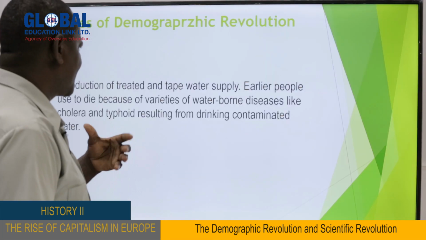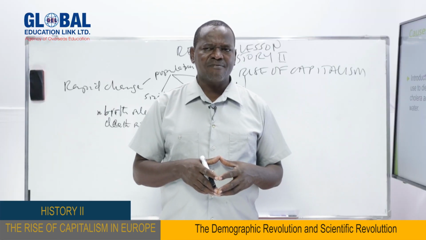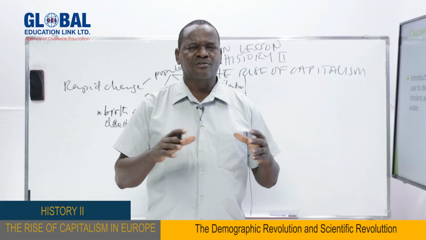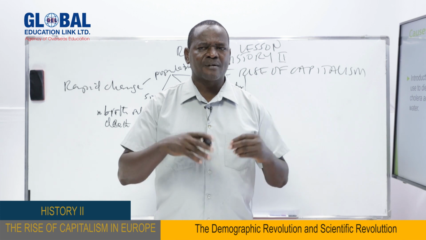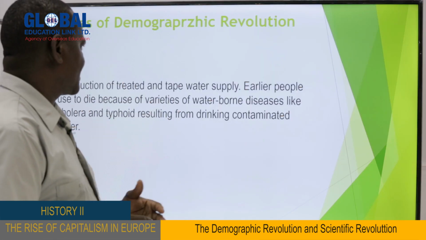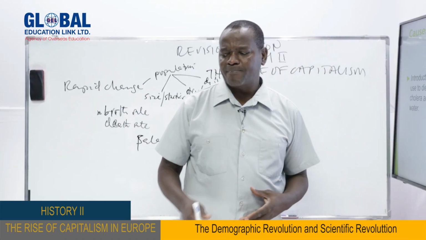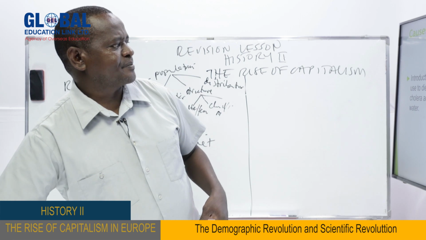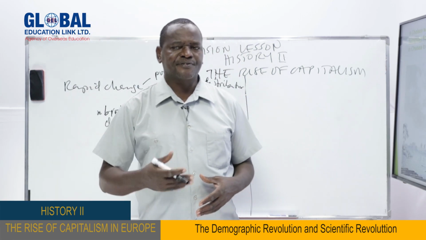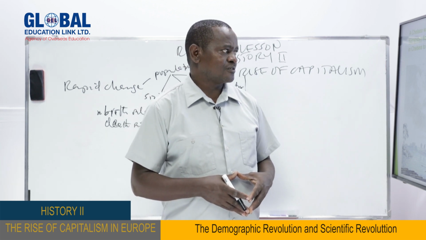But those diseases were able to be prevented after the government of England decided to introduce a system of supplying safe water. In fact, that water was supplied through a proper modern system. So tap water was supplied to the people, at least to prevent the possibility of people suffering from the diseases, as I said, resulting from drinking contaminated water.